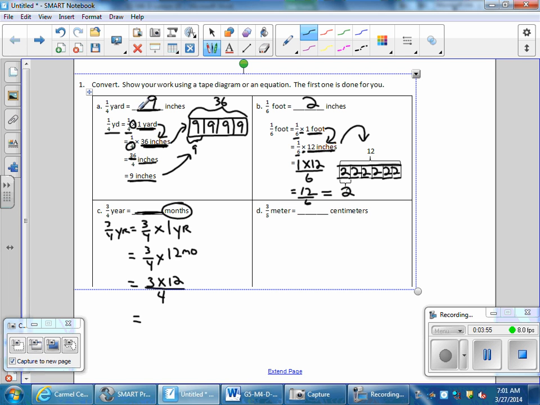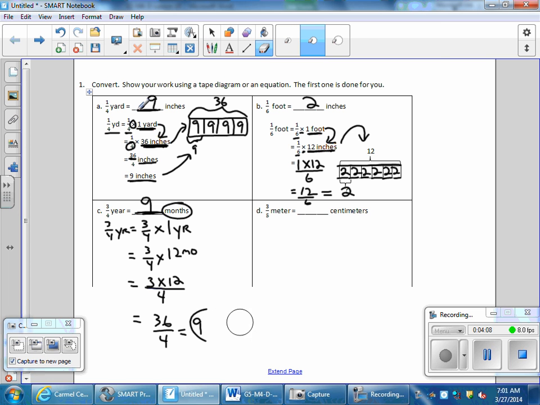3 times 12 is 36. Divided by 4 gives me 9 inches. I'm sorry, 9 months. Tape diagram would look like this.